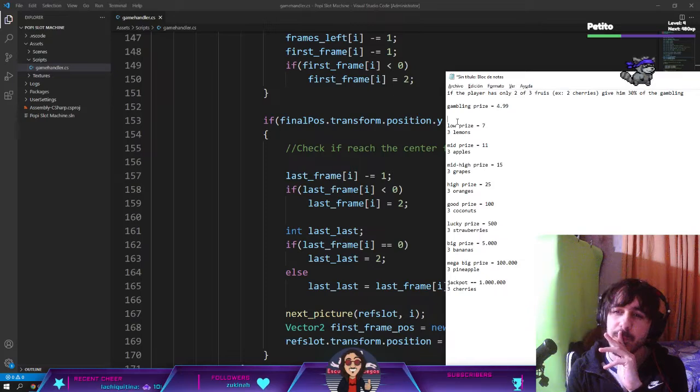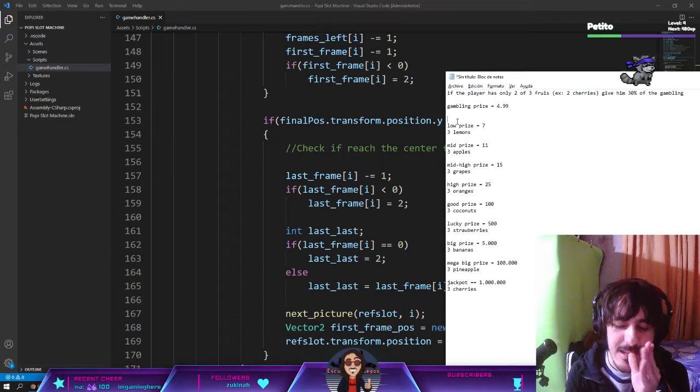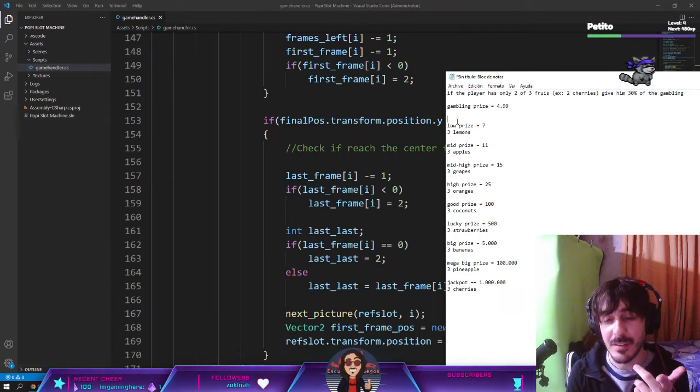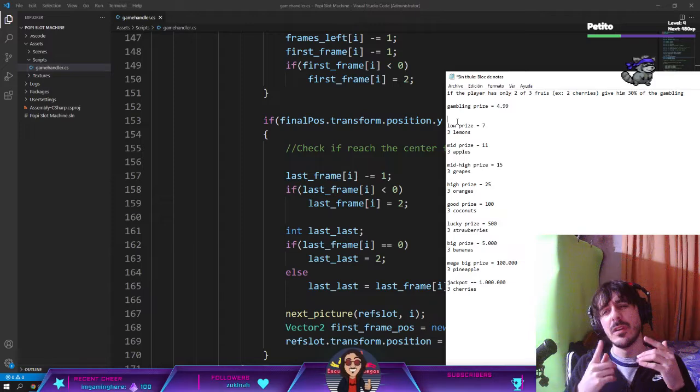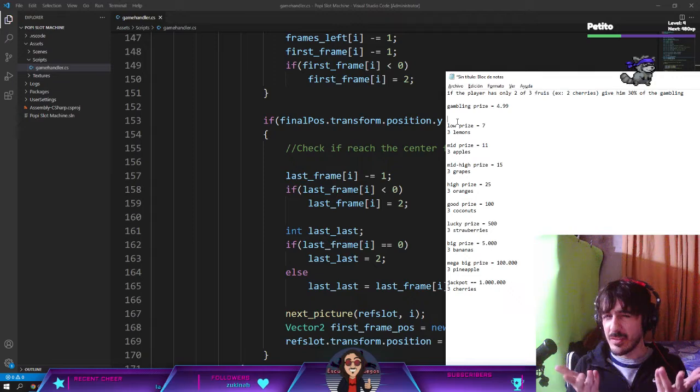So if the player gets that result, I have to reroll or recreate the result. The player will not notice that this is happening.